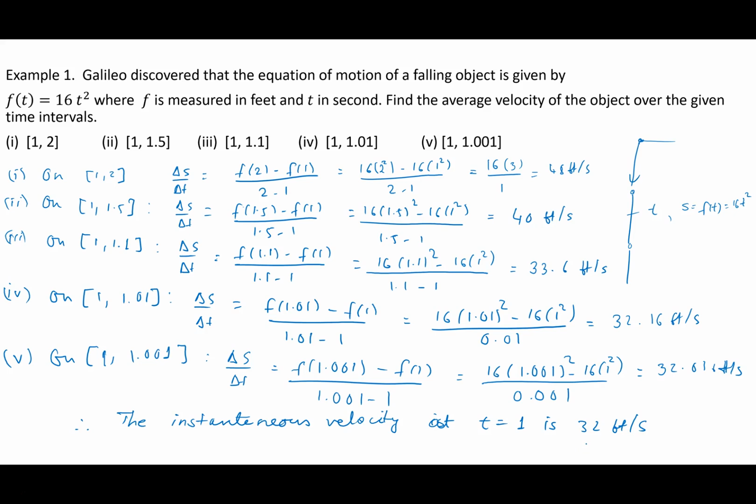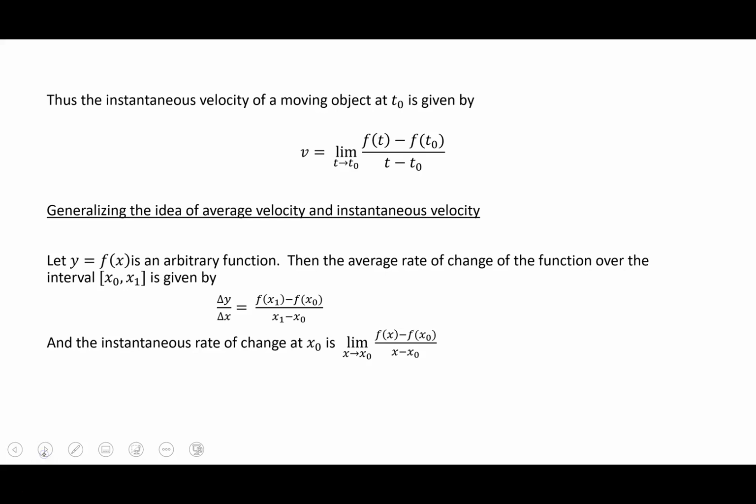So the instantaneous velocity is actually obtained from the average velocity by having the time close to the given time. Okay, so here we can develop a formula for the instantaneous velocity.